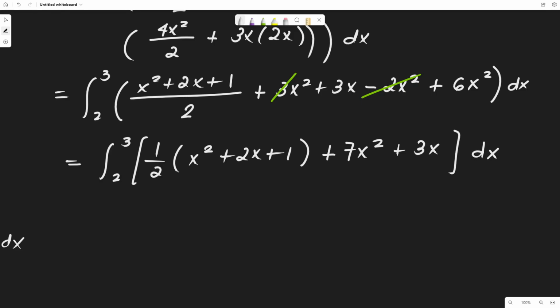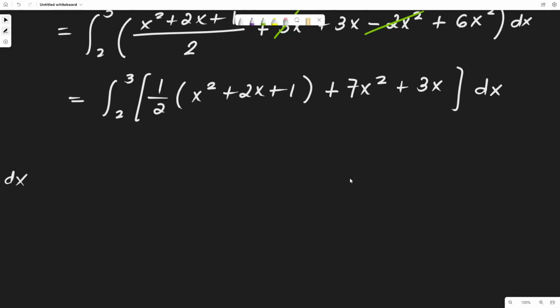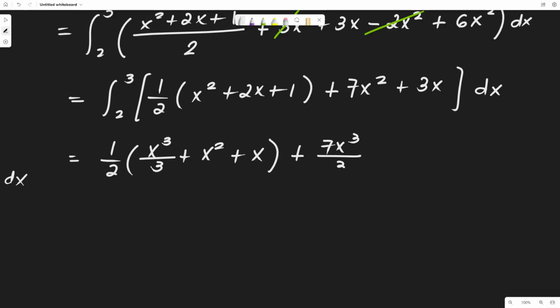Ayan. Then, pwede na natin ito integrate, no? Diretso. So, we have 1/2 x cubed over 3 plus x squared plus x plus this will become 7x cubed over 3 plus 3x squared over 2 evaluated from 2 to 3. No?